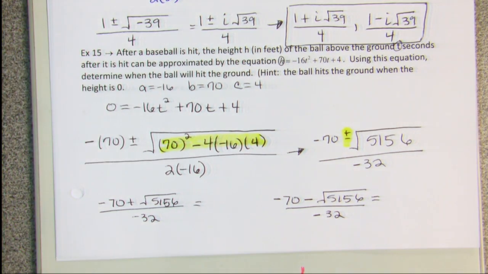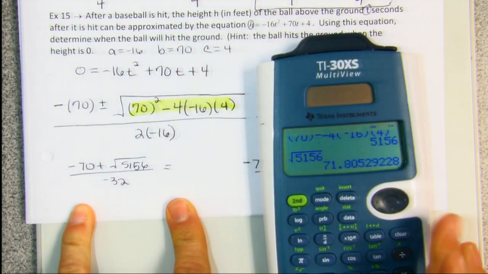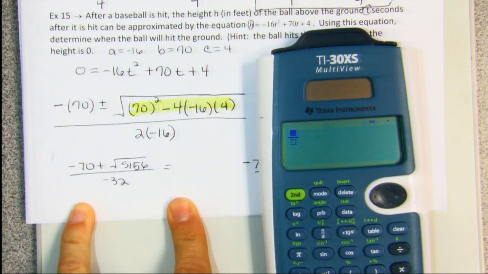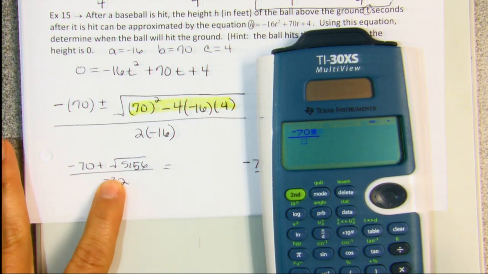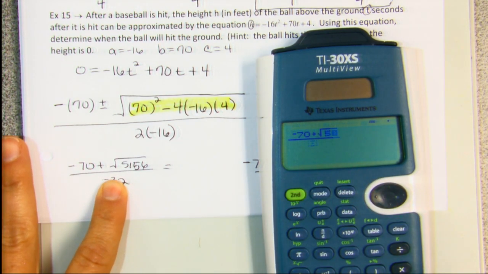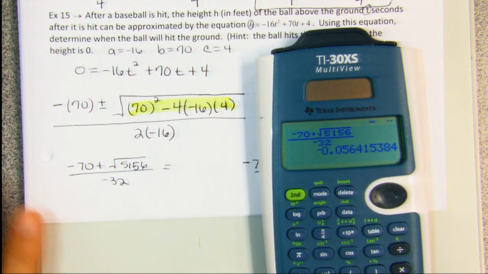So you have to figure both of those in your calculator, and I just set it up exactly like I see because in my calculator I have a fraction key. Many of you do, even if you don't have this calculator, a lot of calculators do have these. So you would type in negative 70 plus the square root of 5156 divided by negative 32.